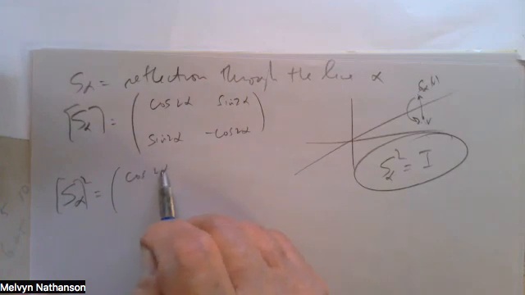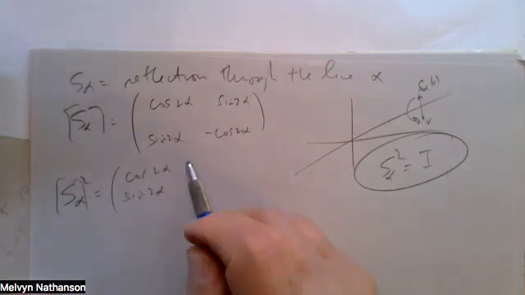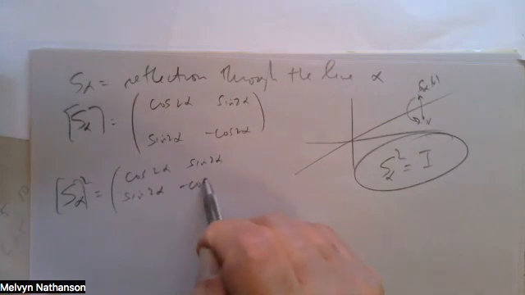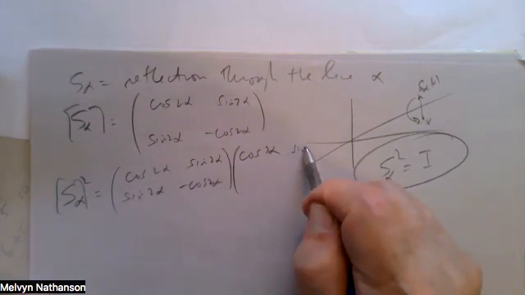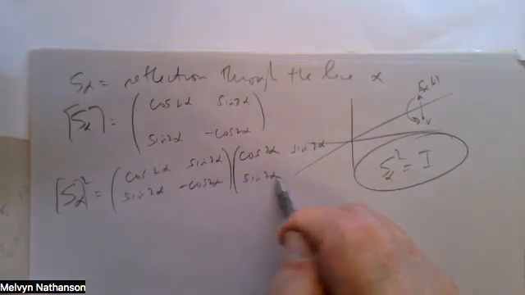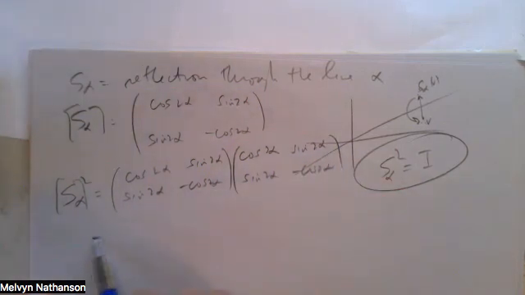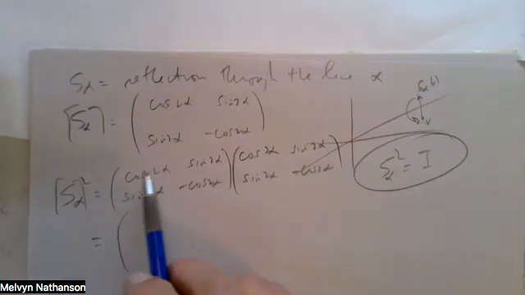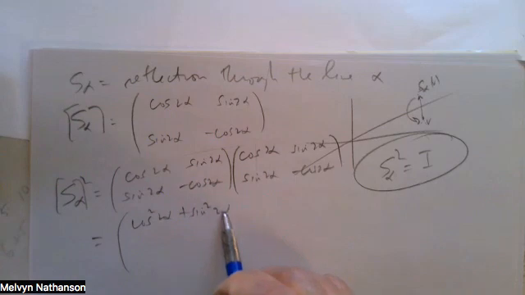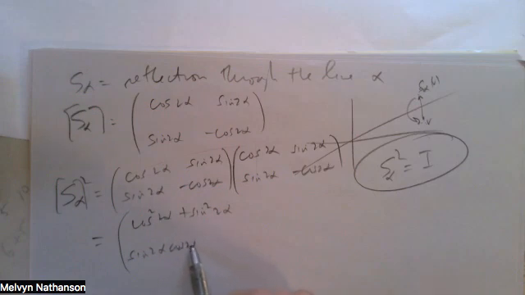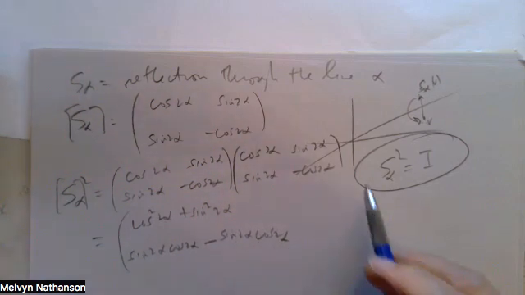So that's cosine 2 alpha, sine 2 alpha, sine 2 alpha, minus cosine 2 alpha, times the same thing. When I multiply, what do I get? Cosine squared 2 alpha plus sine squared 2 alpha, sine 2 alpha cosine 2 alpha minus sine 2 alpha cosine 2 alpha.